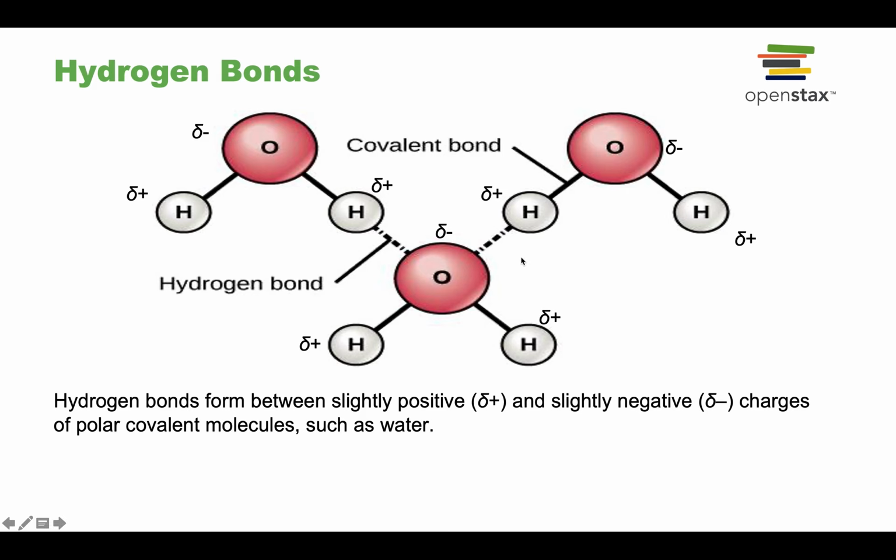And it is hydrogen bonding between water molecules that gives water really interesting and important properties. So in here, we're looking at a number of water molecules. If we start with this one, we remember that the bond between oxygen and hydrogen is polar.